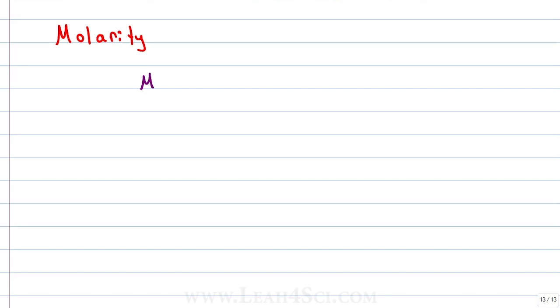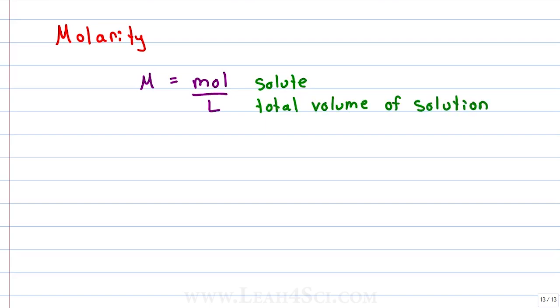Molarity, written as big M, is measured in units of moles per liter, where mole refers to the solute, or the thing that you're dissolving, and liters refers to the total volume of solution, meaning the total volume of the solute and solvent together. The molarity number is typically written in brackets.